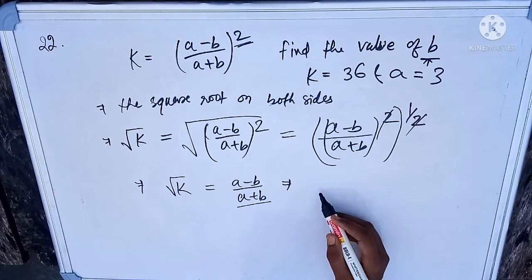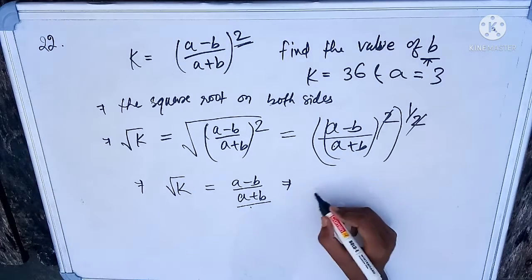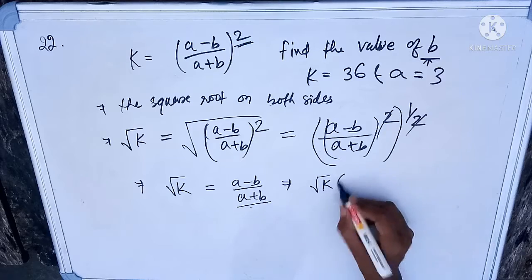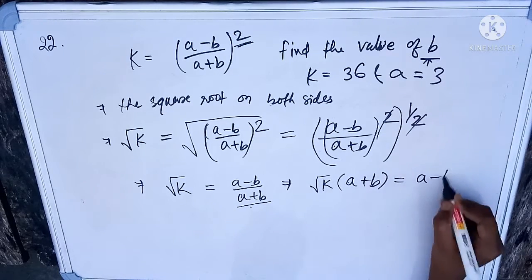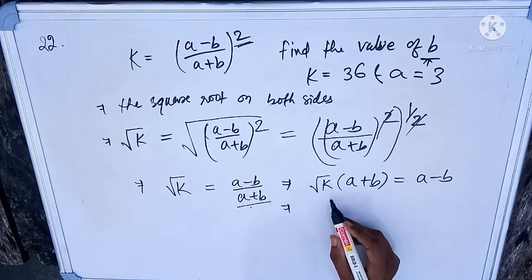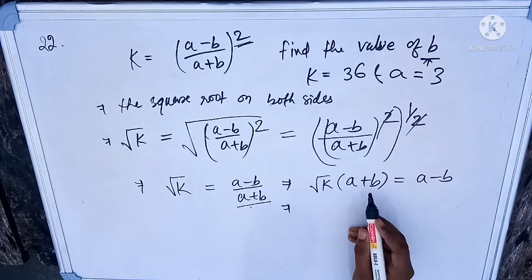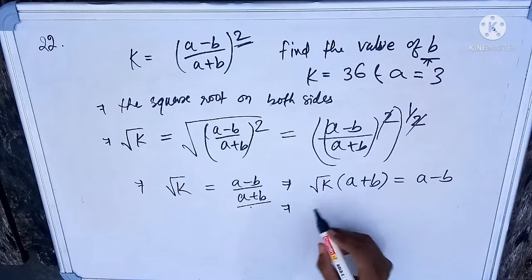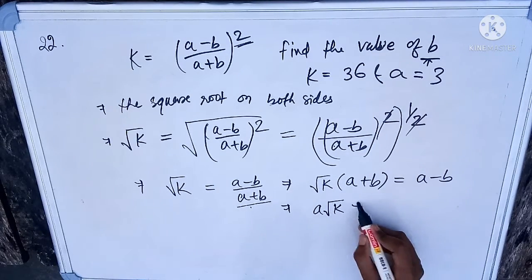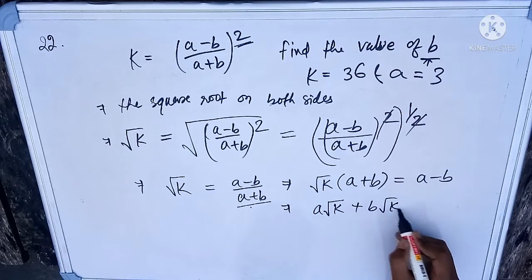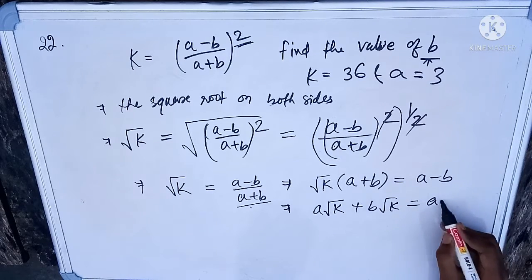So we will transfer this a plus b to the other side. So we have square root of k multiplied by (a plus b) is equal to a minus b. Now we have to multiply this square root with a and b. So it will be a multiplied by square root of k plus b multiplied by square root of k is equal to a minus b.